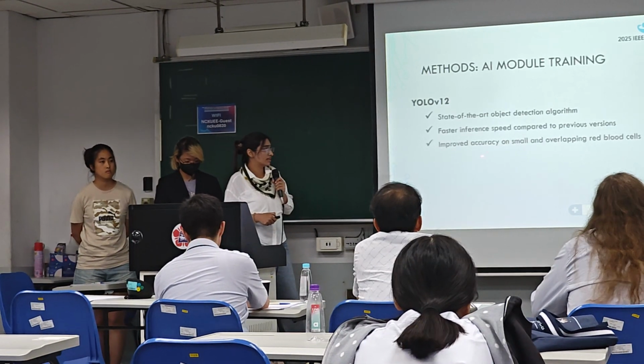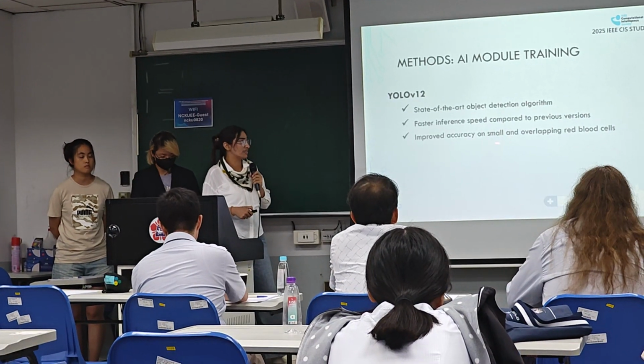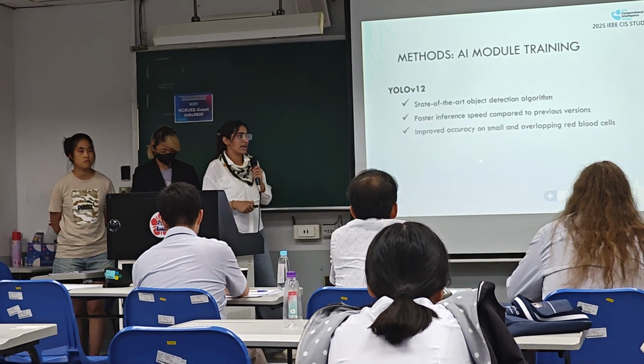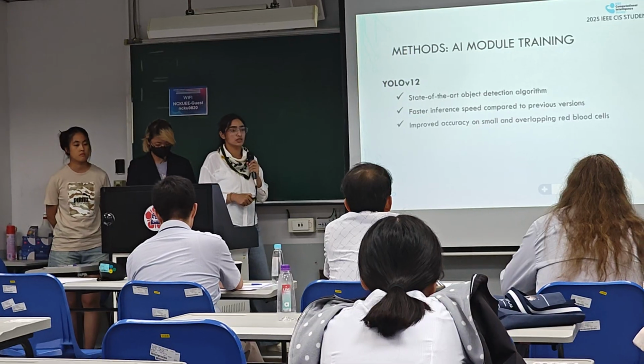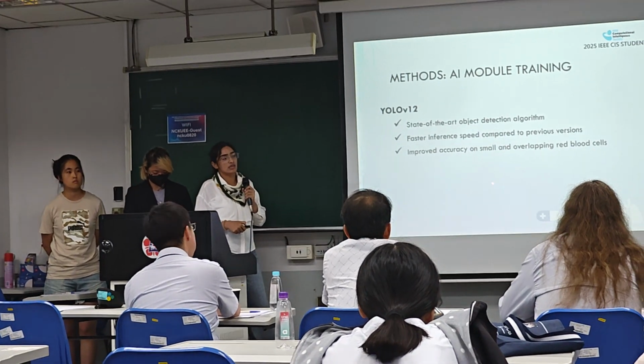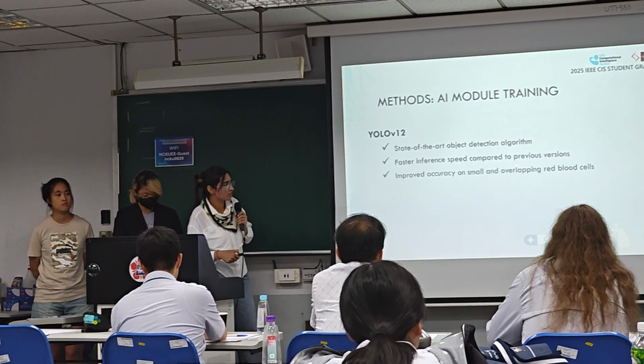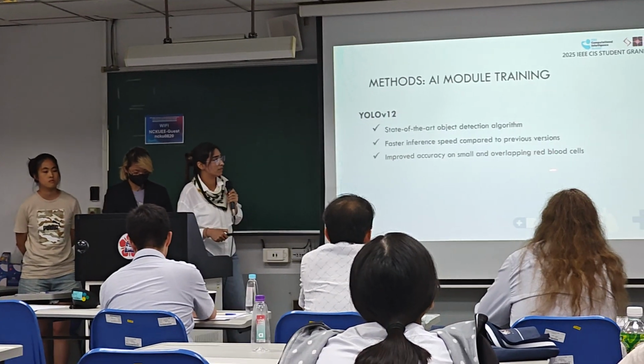As I told earlier, this software is more accurate and gives the fastest results just by adding the data and selecting the AI module, and then it very quickly gives the results. It also differentiates the small and overlapping red blood cells.